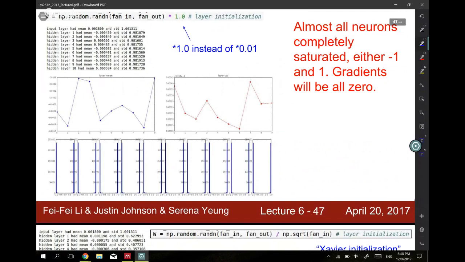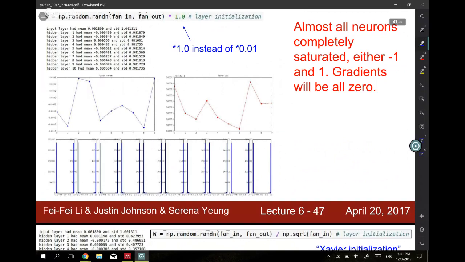The problem is that if the initialized weight is too large, because we are using tanh as the activation function, or someone will use Leaky ReLU for example, the output of the neuron will be large. You go to the extreme of the function, like the tanh, and basically the gradient at that point is nearly 0. So the neuron is saturated from the beginning.